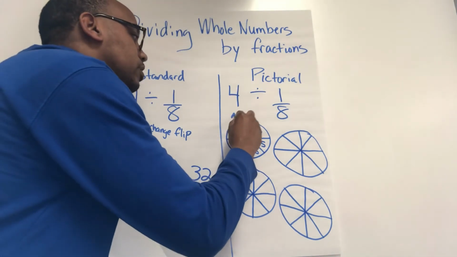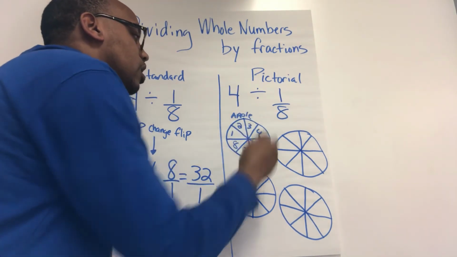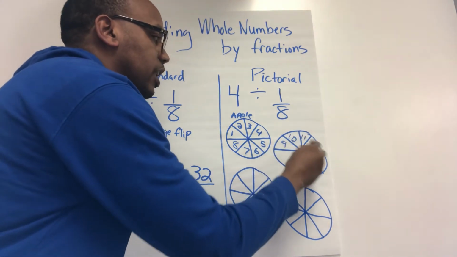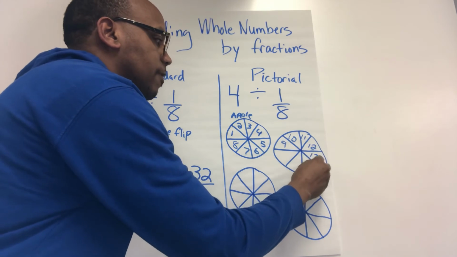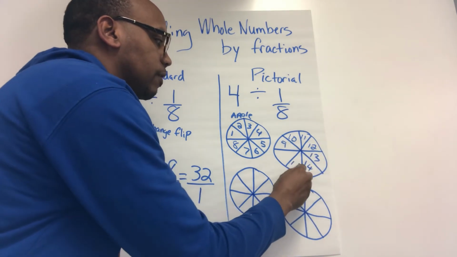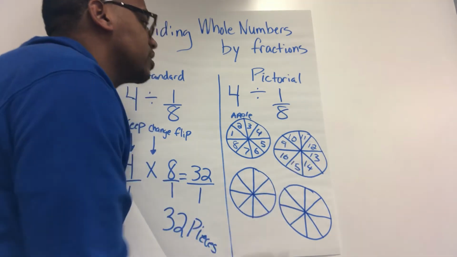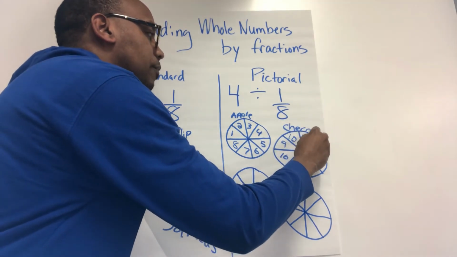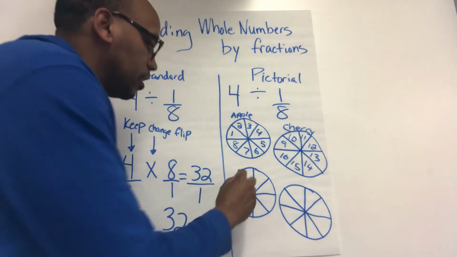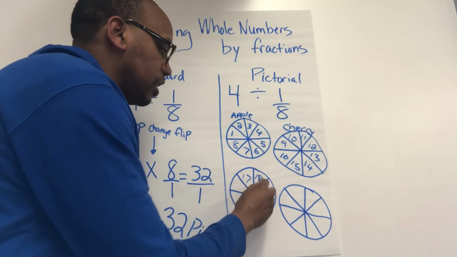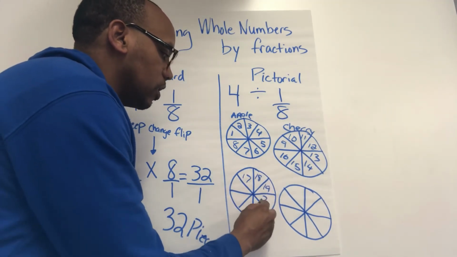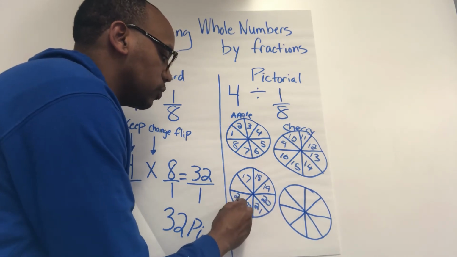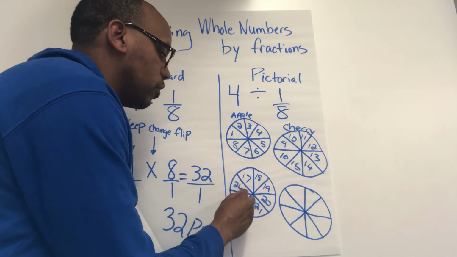Let's just say this one was apple. 9, 10, 11, 12, 13, 14, 15, 16 pieces will come out of the first 2 pies. Let's say that one was cherry. 17, 18, 19, 20, 21, 22, 23, 24.